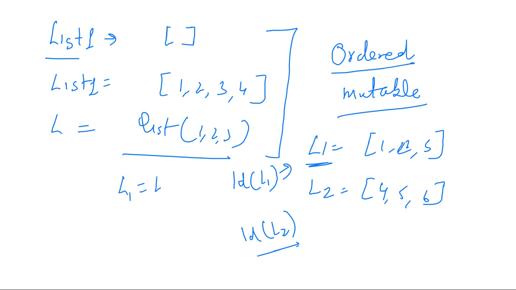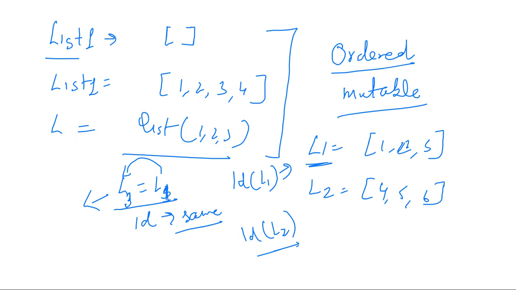But if I do L3 is equal to L1, the ID of both will be the same, clear? Now all the elements present in list 1 are already stored in list 3 also, because I have given the reference of L1 to L3. List 1 elements will be assigned to list 3.